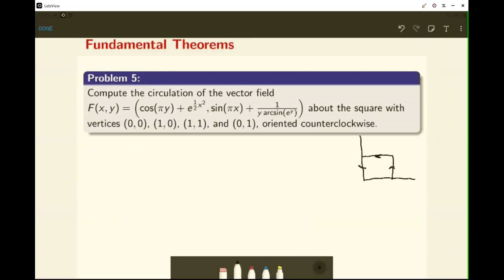We've got this unit square that goes out to 1 and 1, and we're trying to compute the circulation of this vector field dotted with the tangent element of the curve. But here our vector field is disastrously horrible.